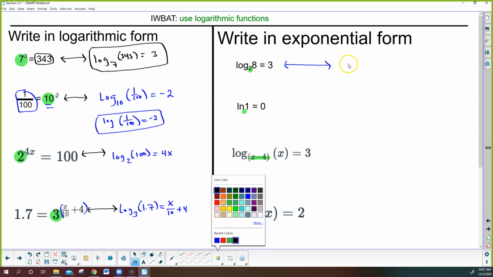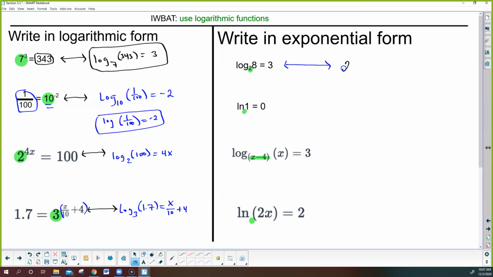This is base 2. So to rewrite this, if I keep the base, it's going to be the base of the answer, right? So 2 to the third is equal to whatever we were taking the log of, which is 8. And notice, that's a true expression, right? 2 to the third power is 8. So you're hopefully starting to form this connection between exponential form and log form.